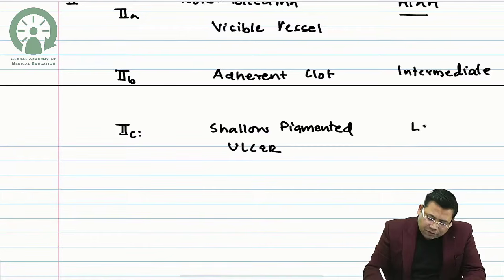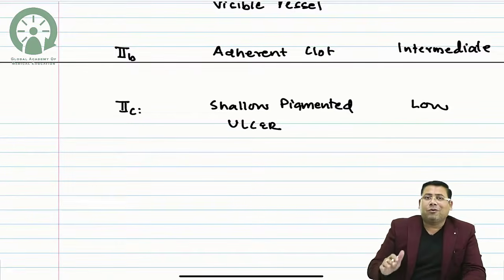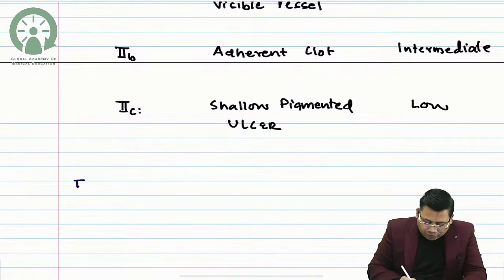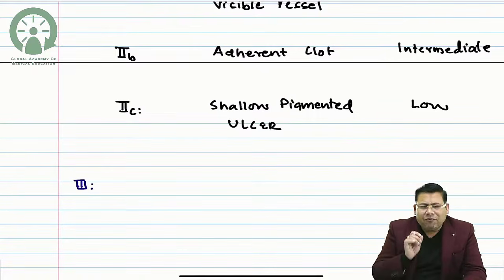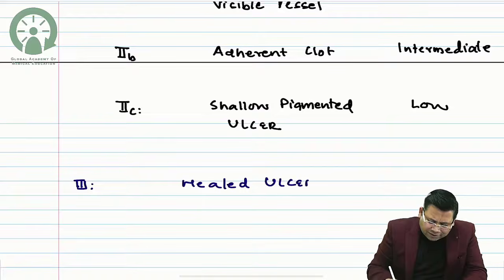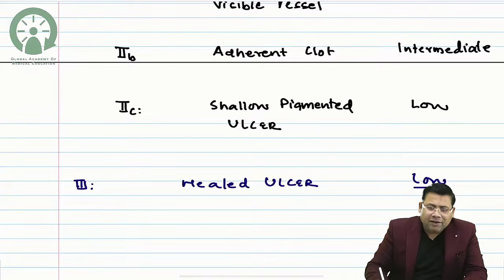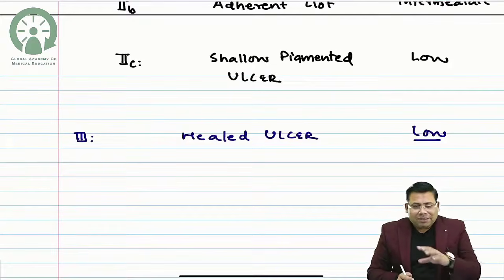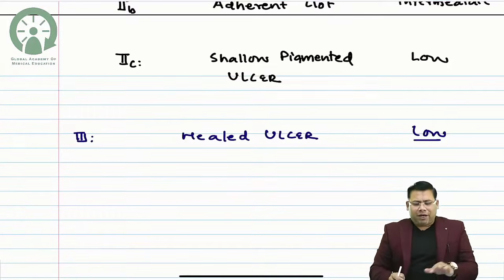So the risk of rebleed is now going to be low because it is on the track of fibrosis. The next and the last is 3. What do you mean by 3, students? It's a very simple thing. 3 means a healed ulcer. Whenever you have a healed ulcer, this is classically a 3, and the risk of rebleed is going to be low. So this is a very composite overview I have discussed.